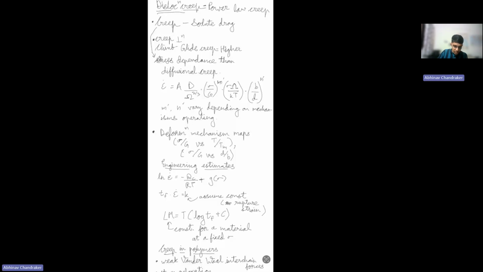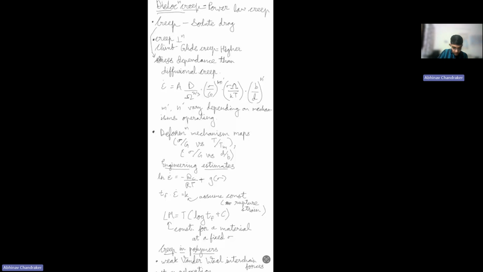And these have higher stress dependence than diffusional creep. In diffusional creep, we had seen that the stress dependence is sigma raised to 1. And that also comes due to an atomic volume related effect. But here we see that the dependence of the strain rate on stress is much higher. This is a general expression of the strain rate of creep, and it depends on multiple factors such as sigma, grain size, temperature.